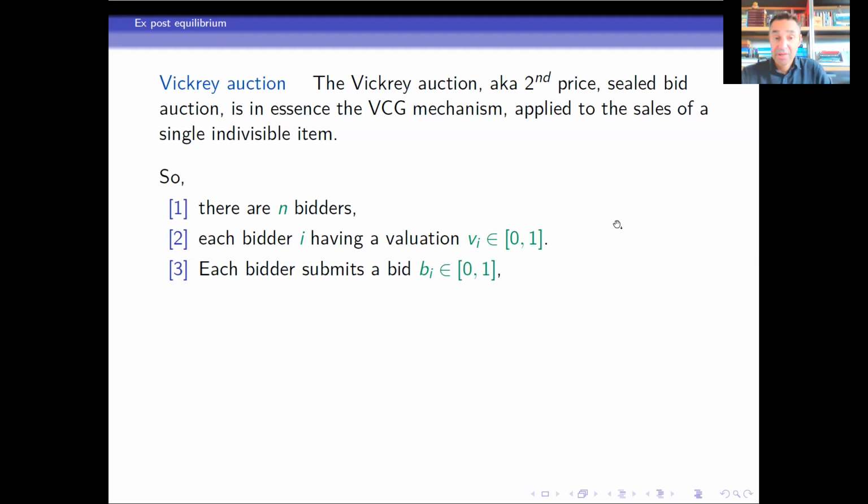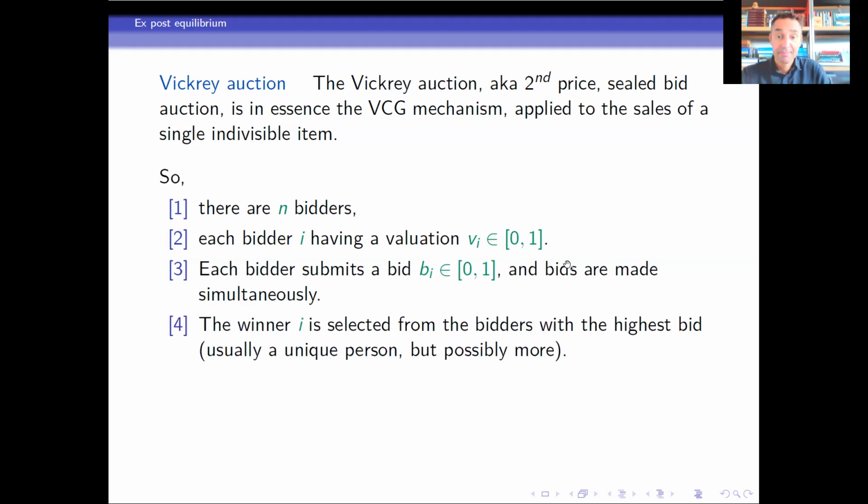And yeah, so again, we assign the item to the bidder with the highest bid, which are made simultaneously. If there are more of them, yeah, you just select one of them and assign it to that person.